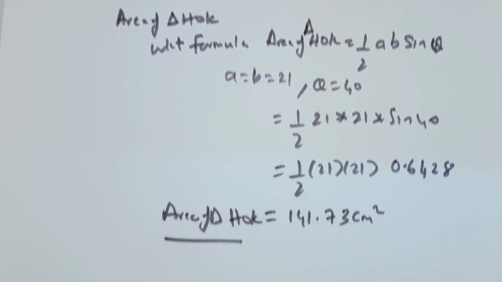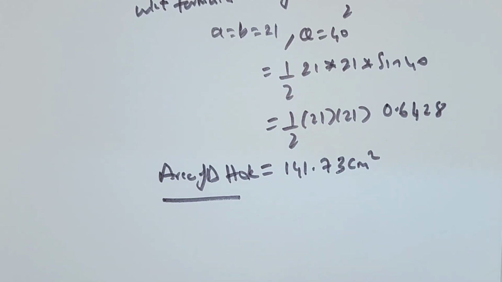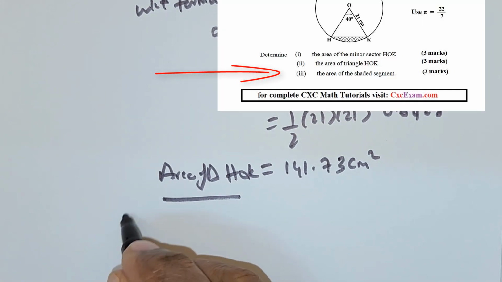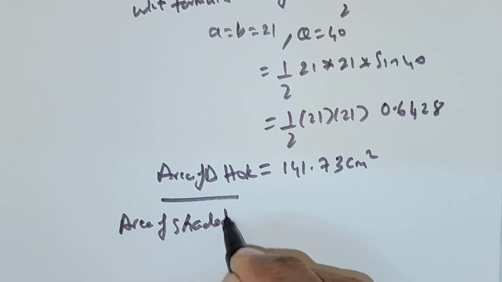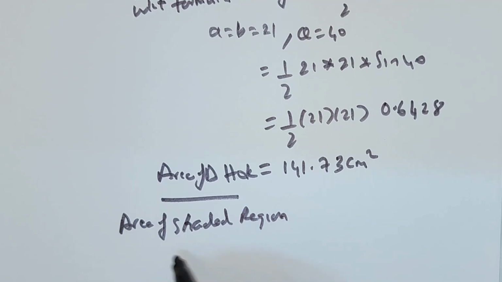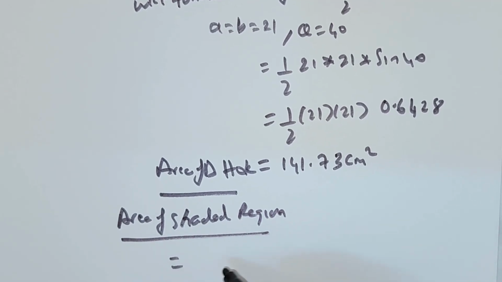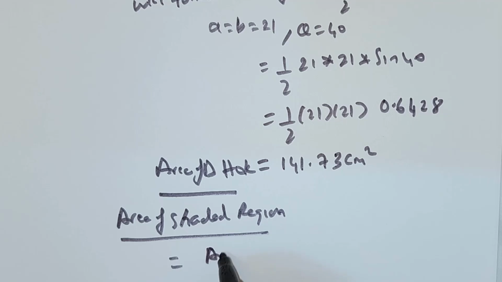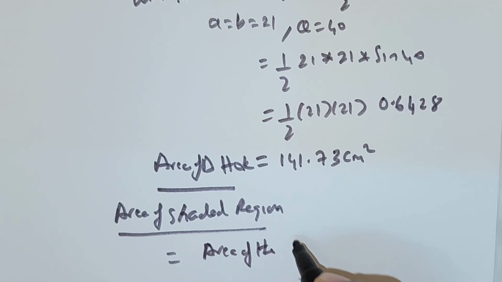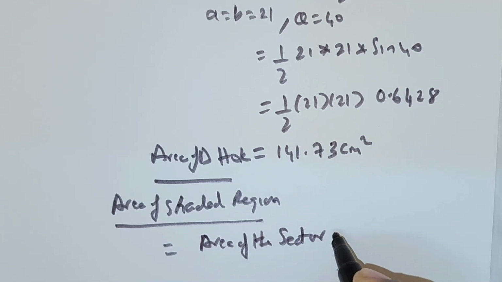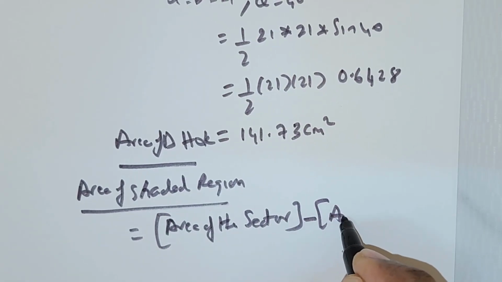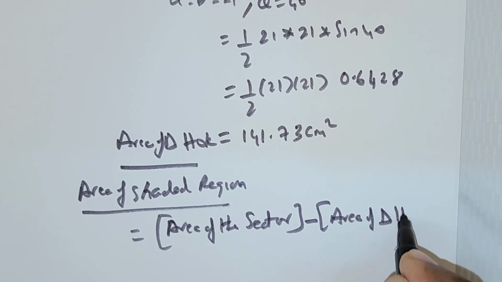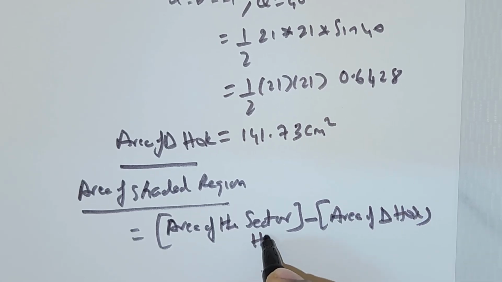Okay, so now we are asked to find the area of the shaded region. Now this is nothing but the area of the sector, and from the area of the sector you subtract the area of the triangle HOK. So in this case it's HOK sector.